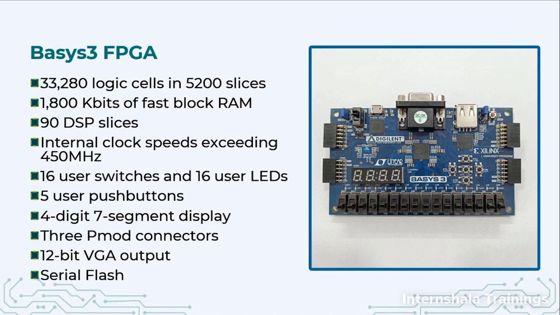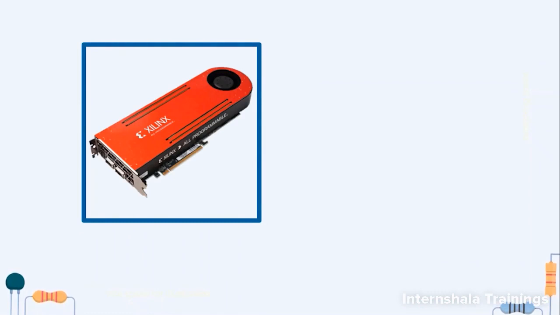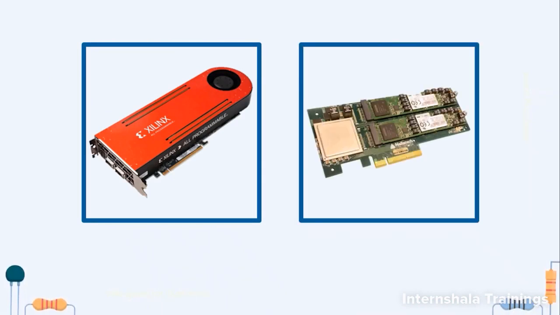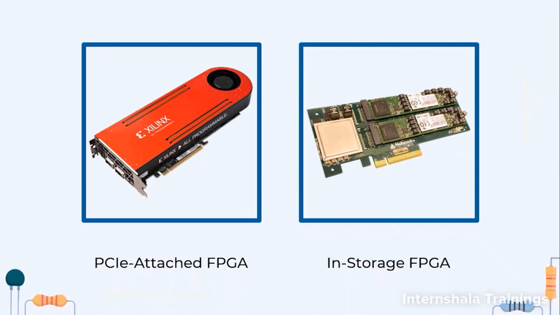Now, we are going to have a look at some other FPGAs that are used for different purposes. We have FPGAs which can be inserted inside your CPU. We have the FPGAs which are mainly for storage purpose. So some FPGAs can be attached to your PCI.